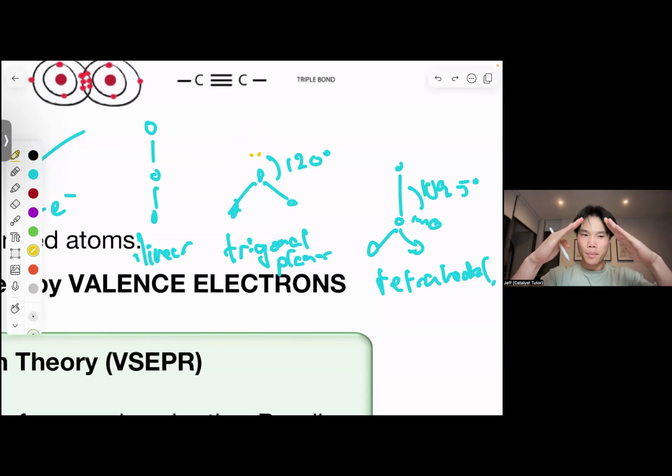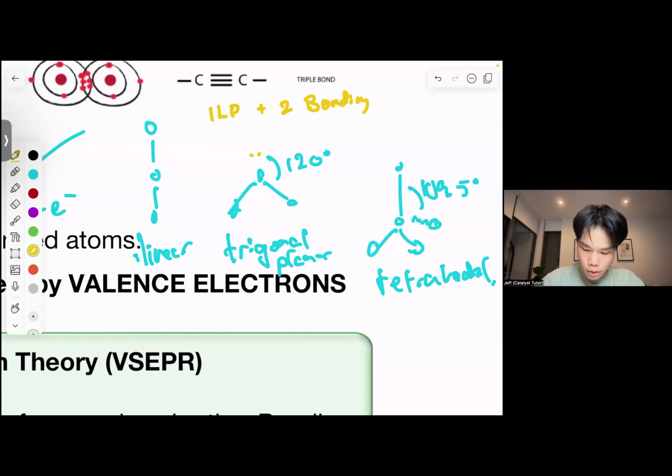So this ends up being a bent molecule because your bonds are bent, being pushed down by a top lone pair. This is the first case where you can have bent, where you have one lone pair and two bonding groups. I say bonding groups because one of these bonds could be a single bond, it could be a double bond.